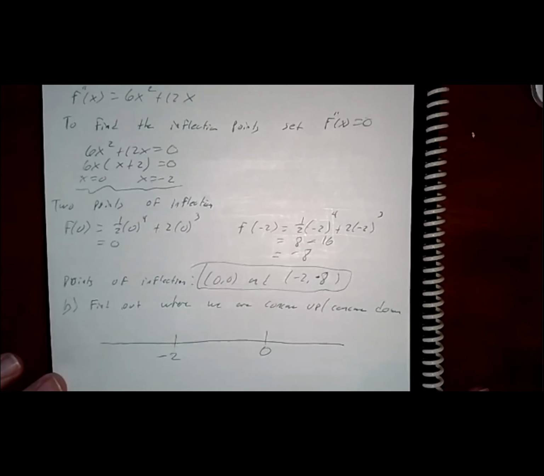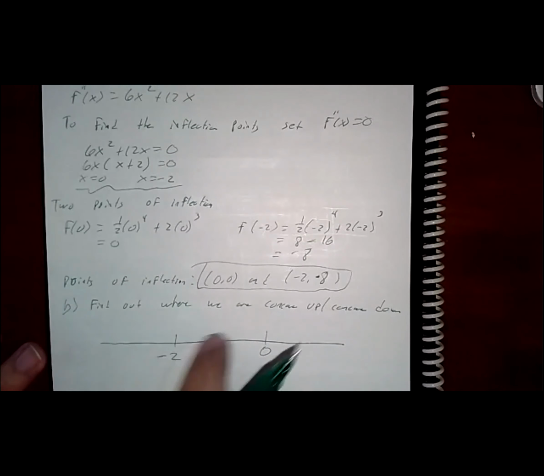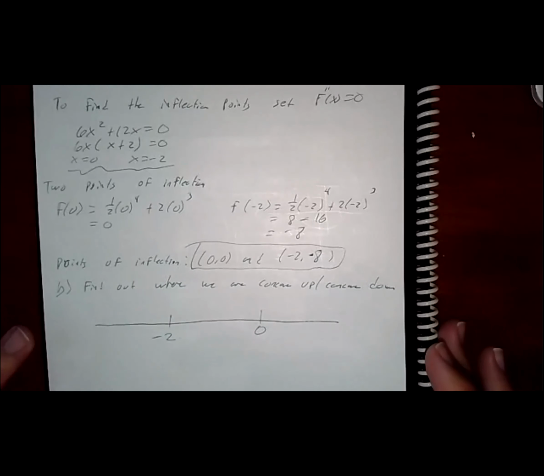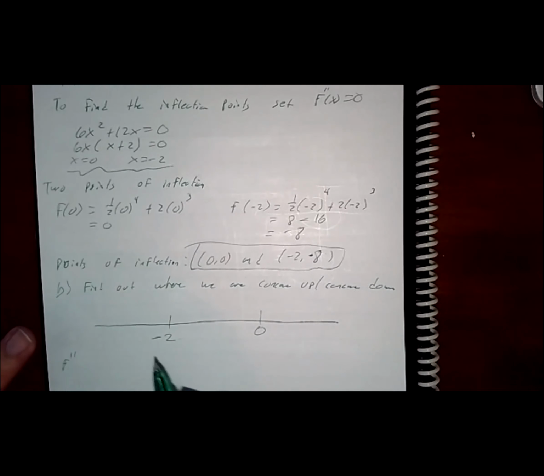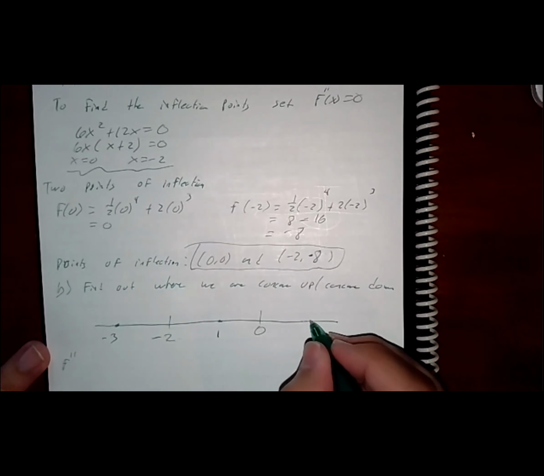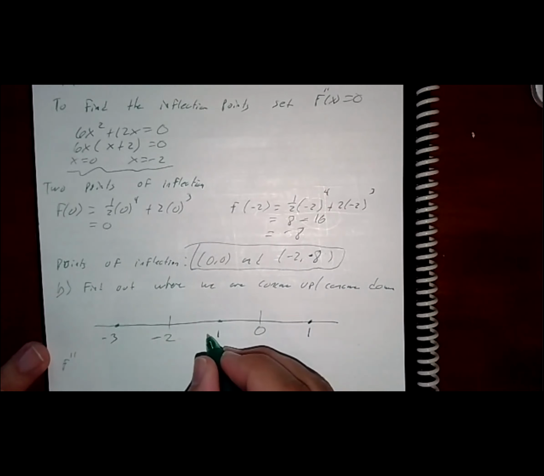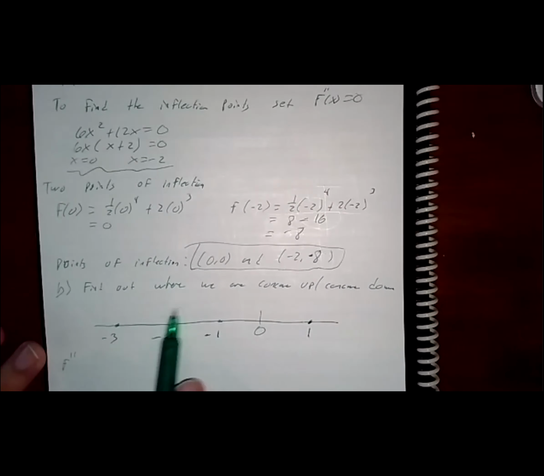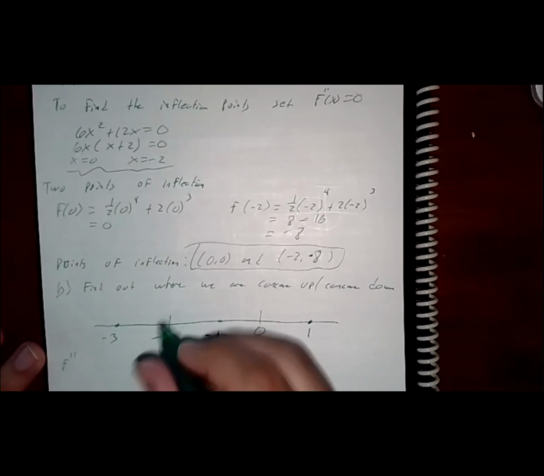We plug in numbers in between to figure out where we're concave up or down, into the second derivative. I'm going to choose a test point of -3, test point of 1. Actually, this is -1, because we're below 0. I'm testing around these points because these are points of inflection, meaning we have a change in concavity here and there. These are the special points.